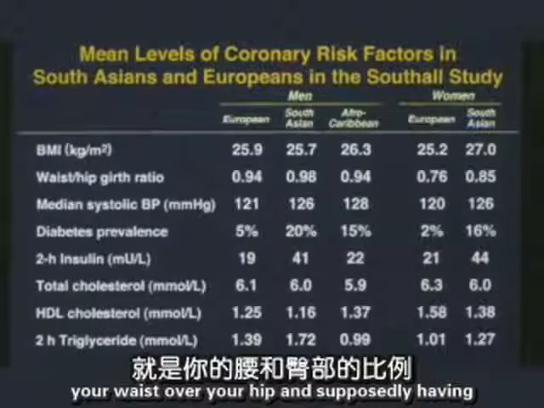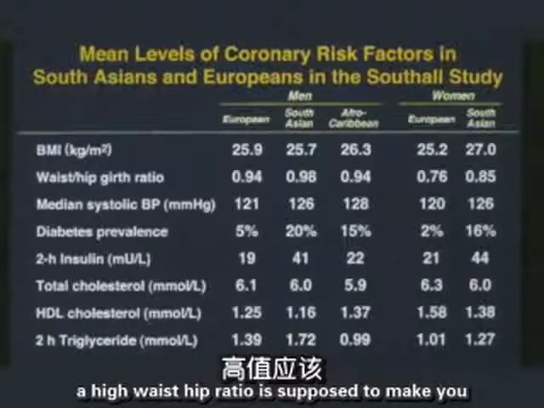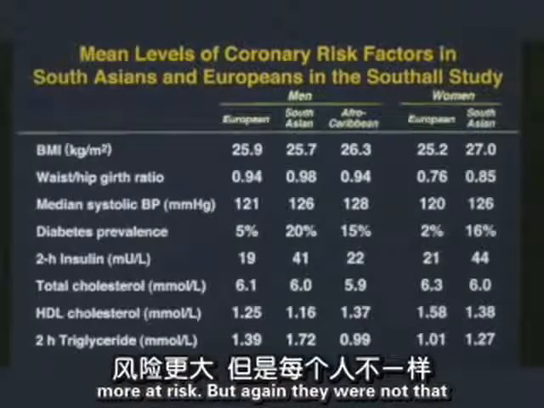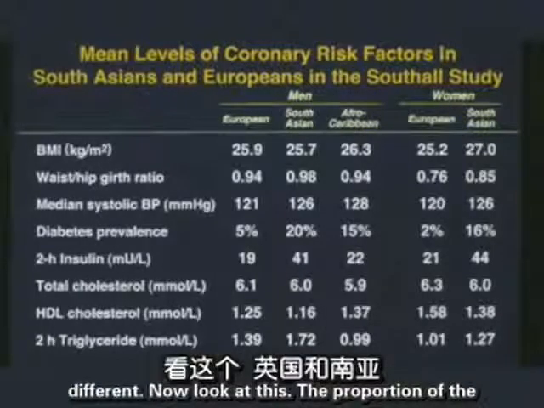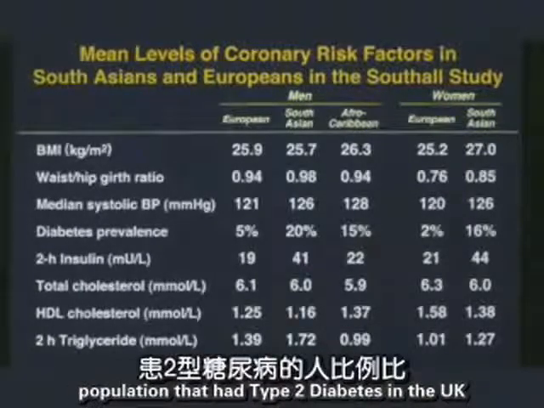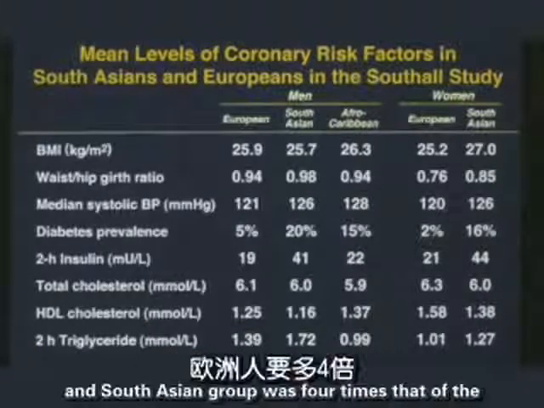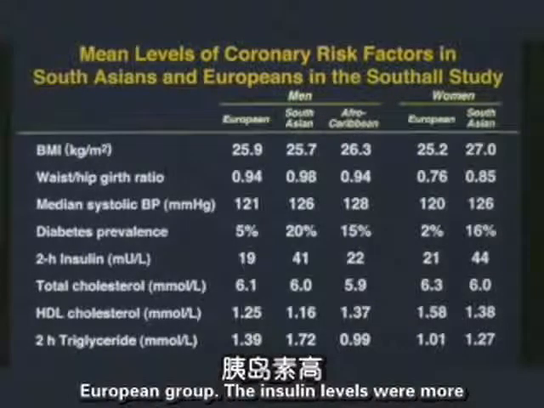And supposedly having a high waist-hip ratio is supposed to make you more at risk. But again, they were not that different. The blood pressures weren't that different. But look at this. The proportion of the population that had type 2 diabetes in the UK South Asian group was 4 times that in the European group.